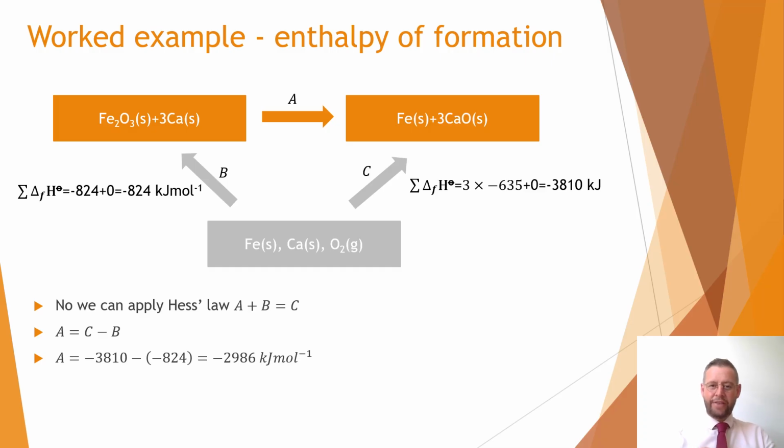Now, a really key thing here is preserving the sign. Do not lose the negatives, otherwise you'll be taking away a positive number. It's very different to take away a negative number. It will go the other way. In this particular instance, that means this ultimately has minus 2,986 kilojoules per mole of heat given out.